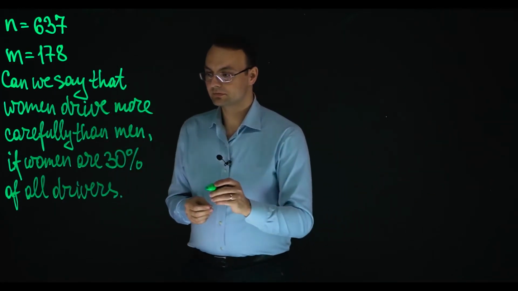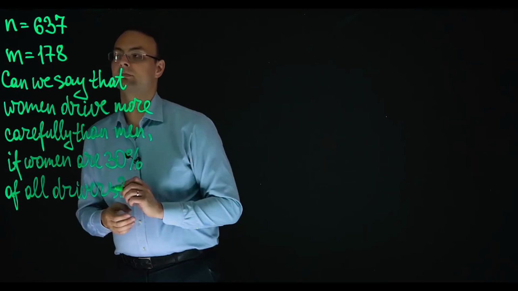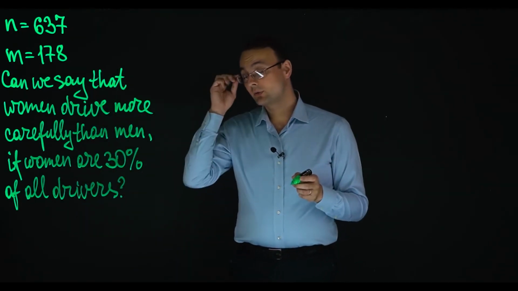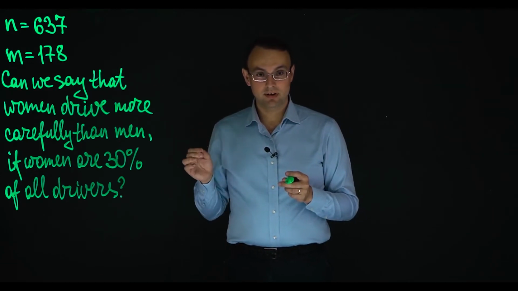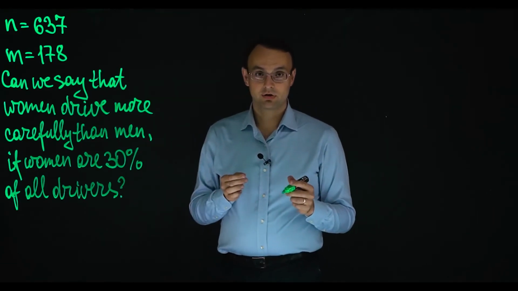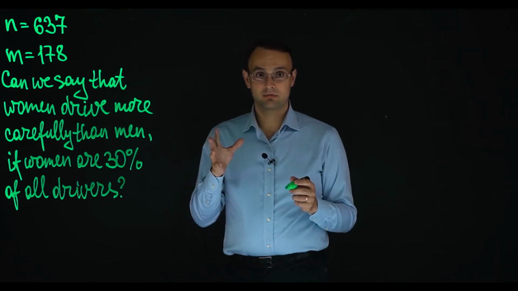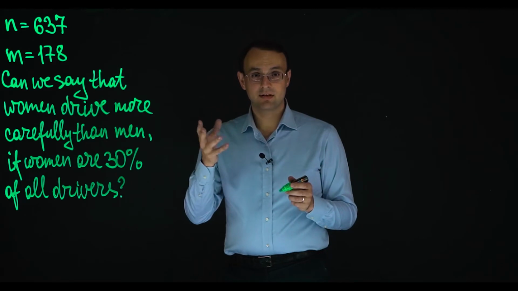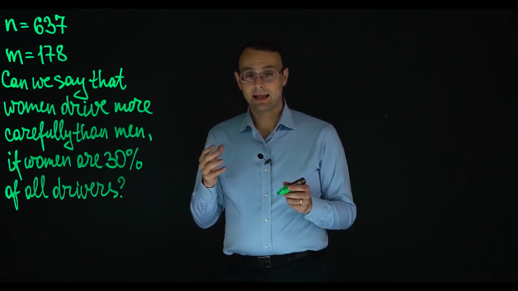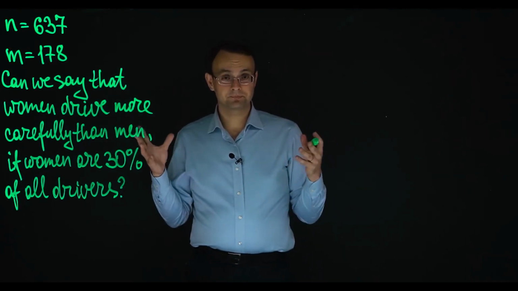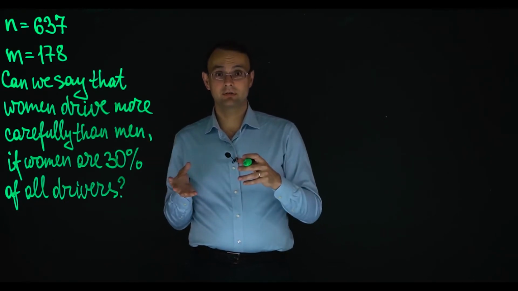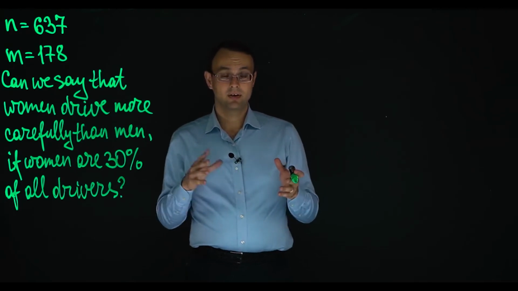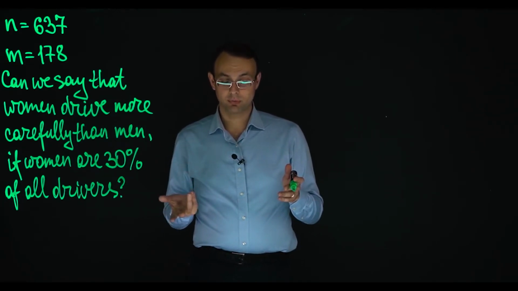So, what do we see here? Here we see that there is a series of Bernoulli trials. A trial is a traffic accident caused by a driver, and we look at the gender of the guilty driver, who can be either a man or a woman.